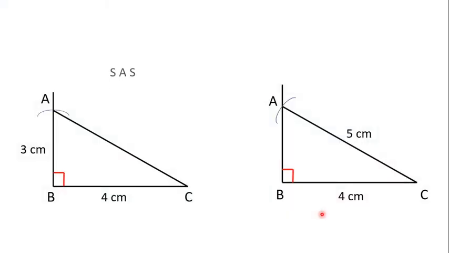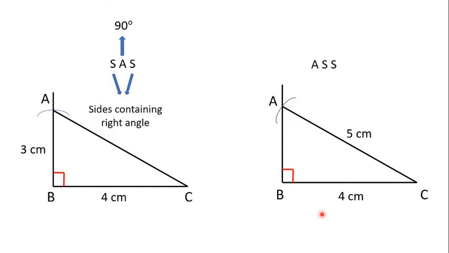Okay. Now this is called SAS. Here no doubt angle A is 90 and the two sides are the sides containing the right angle, whereas here ASS are given, an angle and any two sides, other two sides are given.